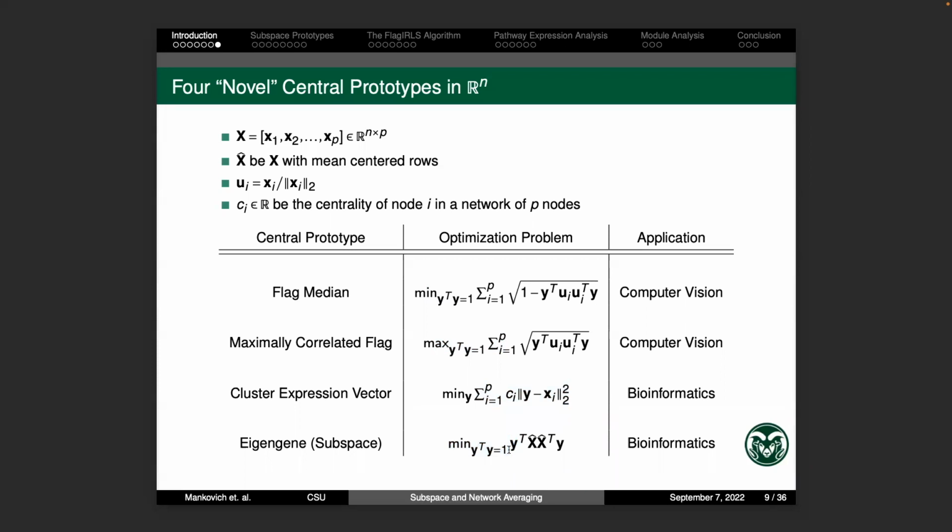And if you took a set of points, let's say just on the upper half circle, and you're calculating, say, the flag median, maximally correlated flag, or this eigengene subspace, again, this should say max, then that would live on the circle probably about in the middle of that arc. Whereas the cluster expression vector doesn't have this constraint, and I would expect it to be more toward the origin.